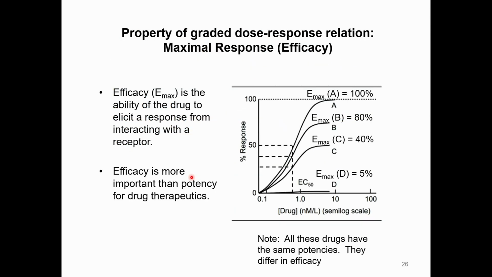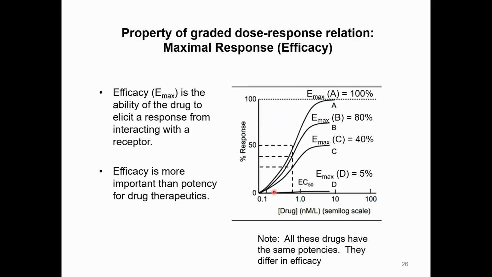So here is another example, but here we're talking about efficacy. Once again, this thing we can measure, Emax, maximal efficacy, is the ability of the drug to elicit a desired response, usually because it interacts with the receptor. So efficacy is far more important than potency for evaluating the therapeutics of drugs.